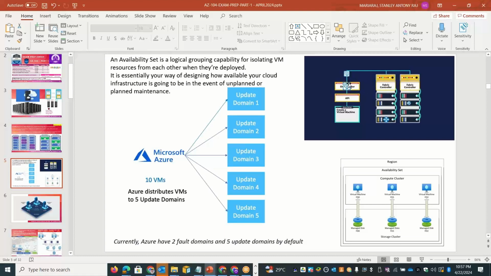The fabric controller and orchestrator work hand in hand to place your virtual machine on a particular rack or server. So you cannot place your virtual machines on a specific rack or server yourself. The fabric controller along with the Azure orchestrator takes care of the distributed placement of your systems using a built-in algorithm, so it is not a manual placement.